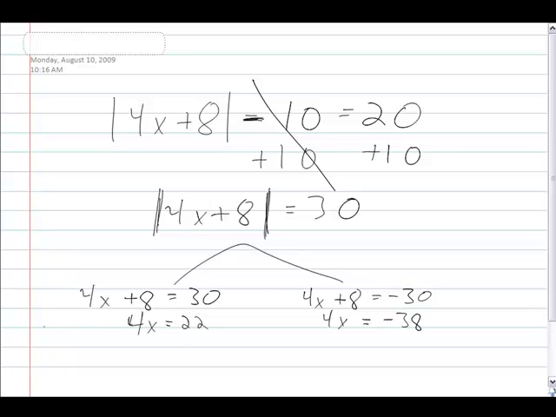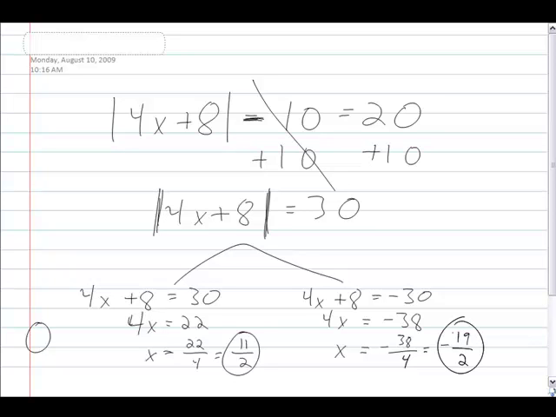Dividing both sides by 4 over here, we'll get x equals 22 over 4, which reduces to 11 over 2. And here, dividing both sides by 4, we'll get x equals -38 over 4, which will then reduce to -19 over 2.